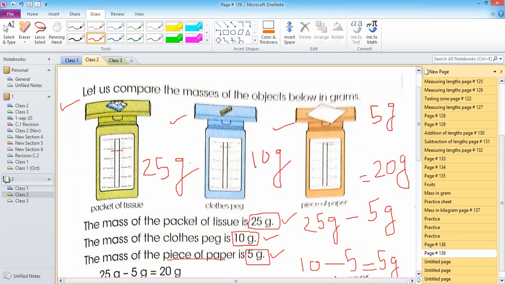Which is the heaviest, which has more weight? You will say, sir, it is the packet of tissue. So you can say, sir, packet of tissue is heavier than cloth pack and piece of paper. Or if I ask you which is lighter here, you can say, sir, piece of paper is lighter than cloth pack and packet of tissue.